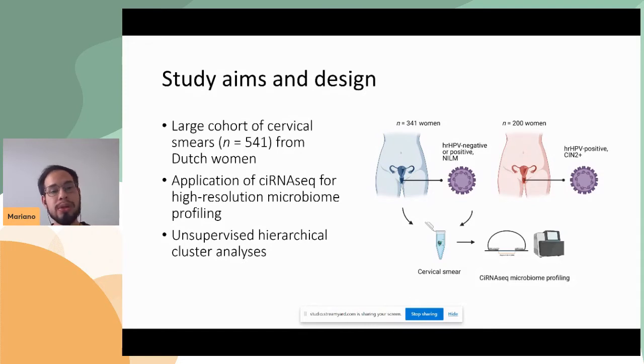For this, we use a large cohort of cervical smears, around 541, from Dutch women participating in the population-based cervical cancer screening program. Here we apply the technology to profile the microbiome and perform unsupervised cluster analysis to classify CSTs.